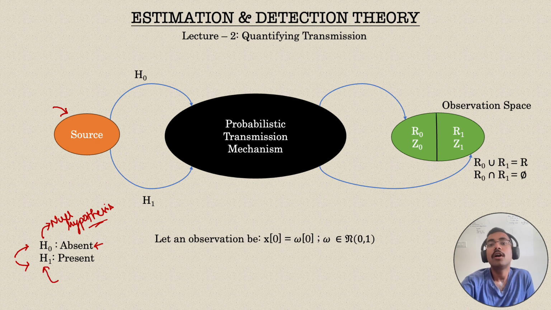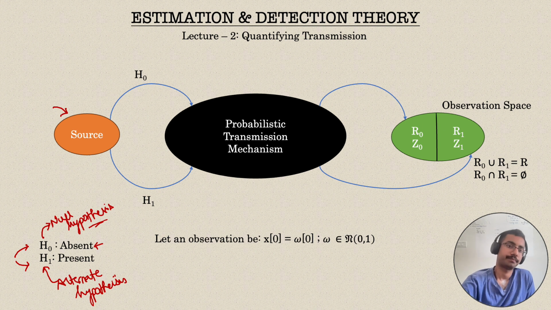I mean the alternate hypothesis. That means the signal is present. These are the academic terms, so you will be crossing these terms again and again in this entire course.